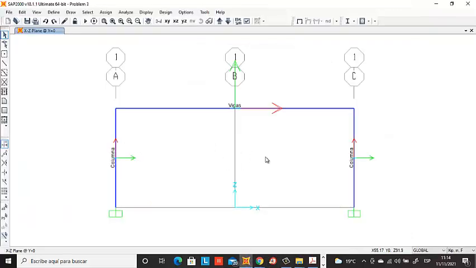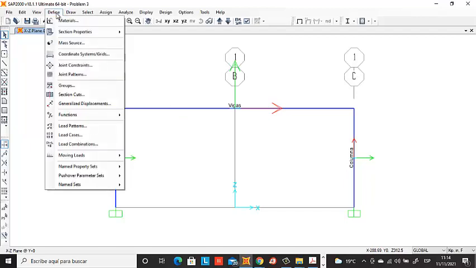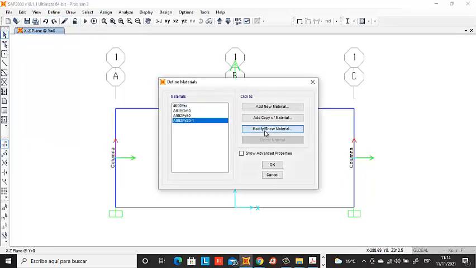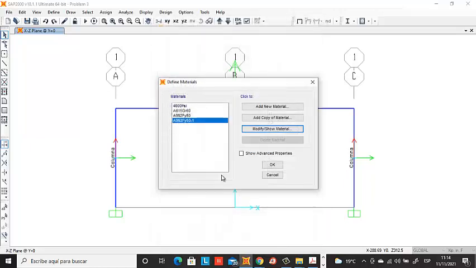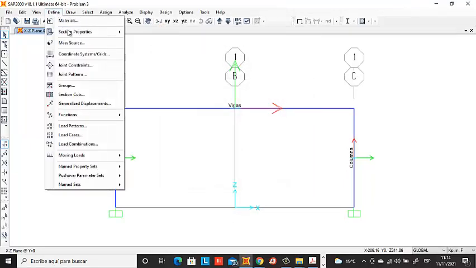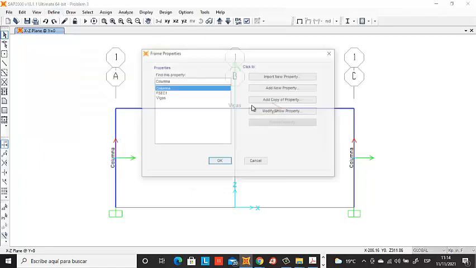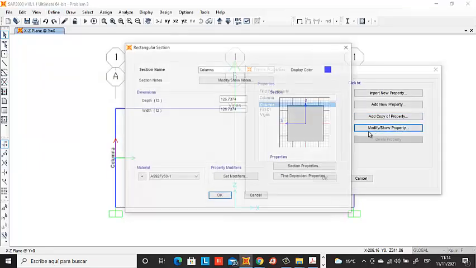This is the SAP 2000 software. Just a quick review, we define the materials using this material. We are not considering the weight of each element, but we are considering the Young's modulus. Okay. After that, we define the frame elements. For example, the column, right?